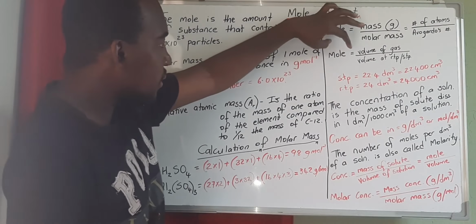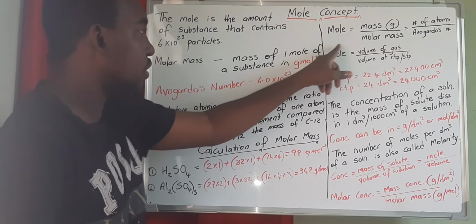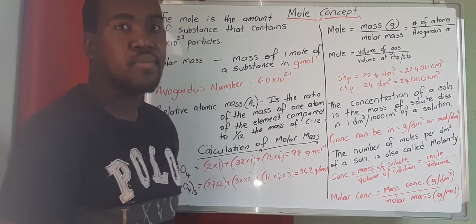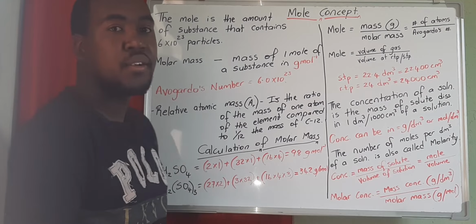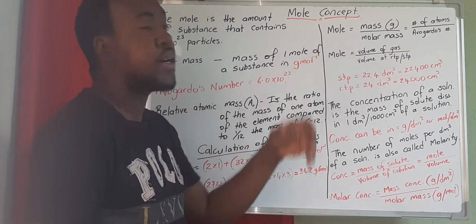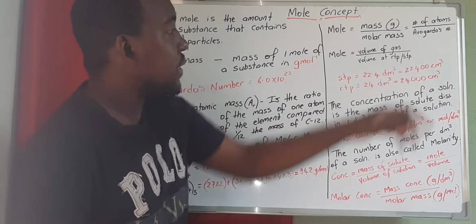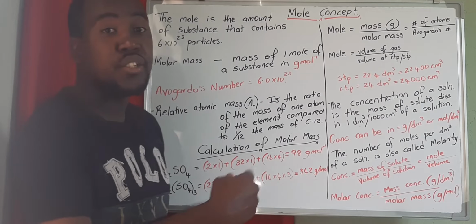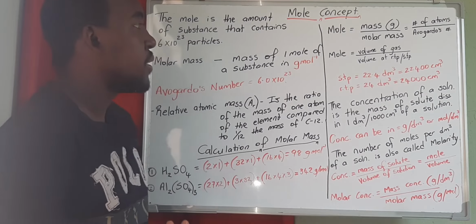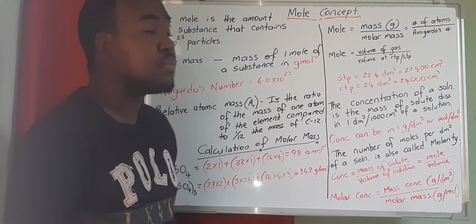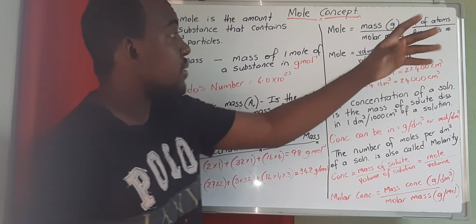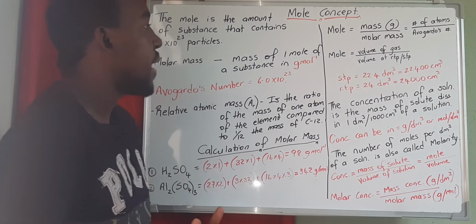This equation is only used for gases. If it's not a gas, we're not able to use this equation to find the number of moles. RTP and STP are different conditions under which gases exist. RTP means room temperature and pressure, and STP means standard temperature and pressure.